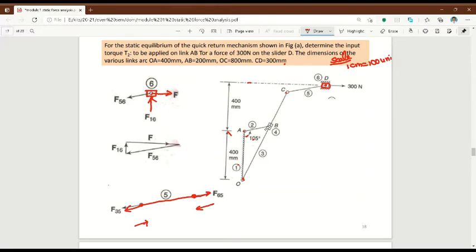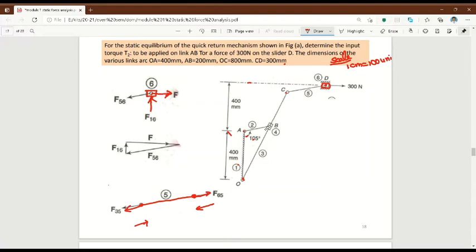See, in the piston, in the question they have given one force acting on this side. So definitely there will be an opposite force. Otherwise, there will be one more force, and that force will be acting on the opposite side.